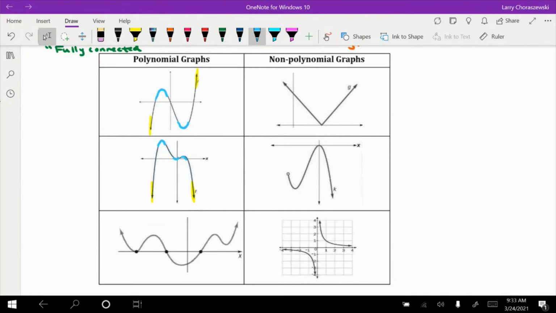And in the last one, we're seeing those hallmarks again. We have a nice rounded valley, nice rounded hill, another valley, another hill, another valley. So this is kind of a wonky graph, but even though it's got a little more action going on in it, it still has the hallmarks of a polynomial function graph. It's fully connected, and the ends, of course, extend indefinitely.